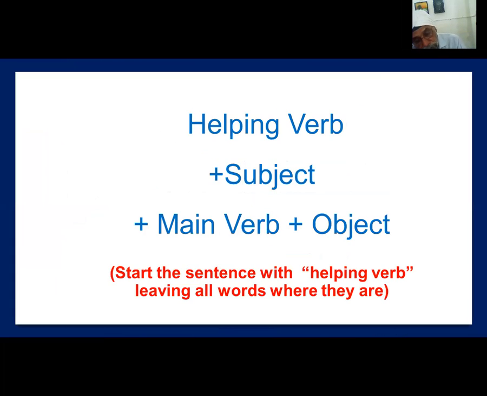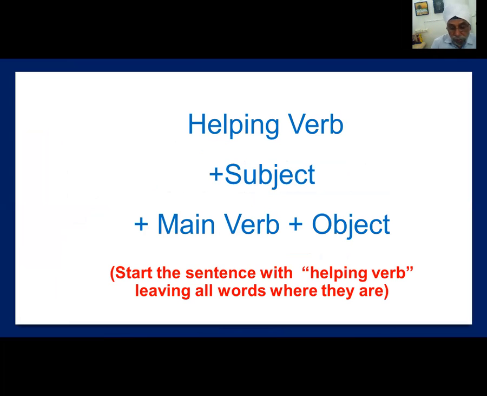All that you have to do to convert a positive sentence into an interrogative sentence is to start your sentence with the helping verb. That is, move the helping verb out and place it in front of the subject. No other word changes its place, and your sentence has become an interrogative sentence. So helping verb plus subject plus main verb plus object.